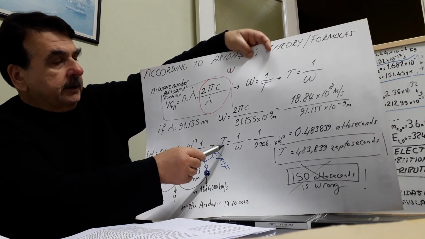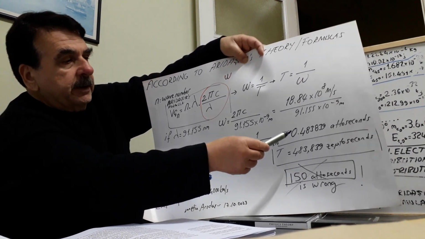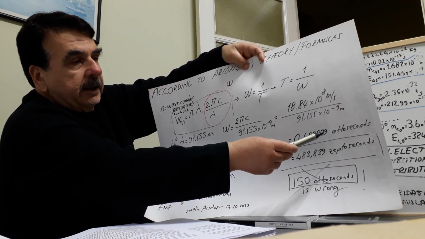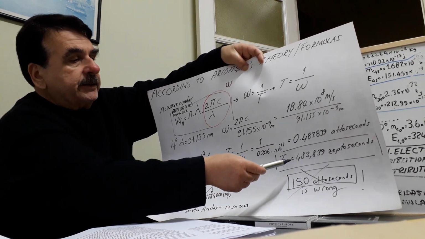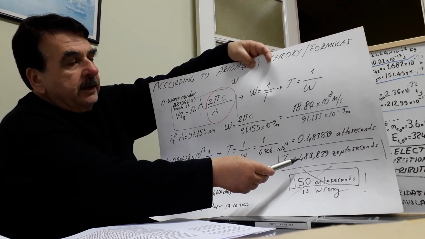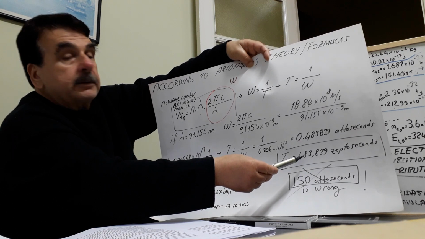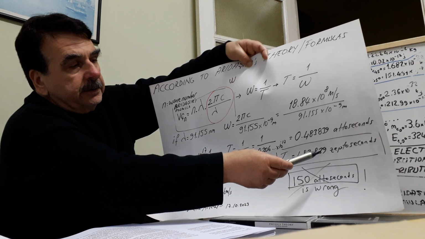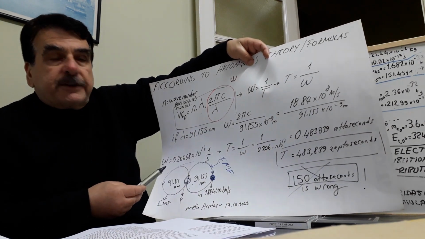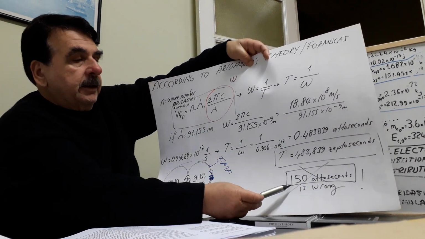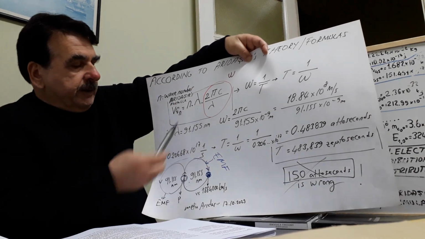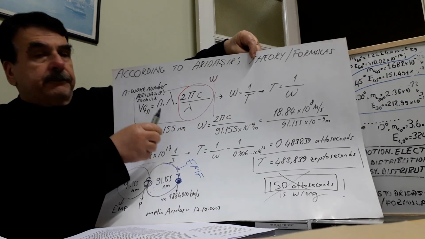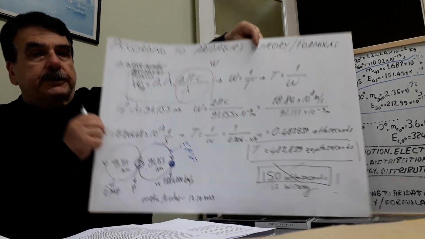From here, time is 0.483839 attoseconds, which is equal to 483.800 zeptoseconds, not 150 attoseconds. Here, you can easily understand from my formula solution.